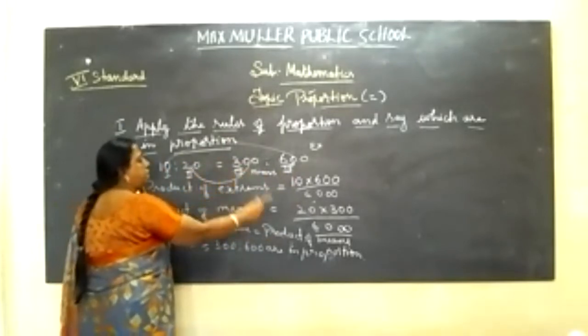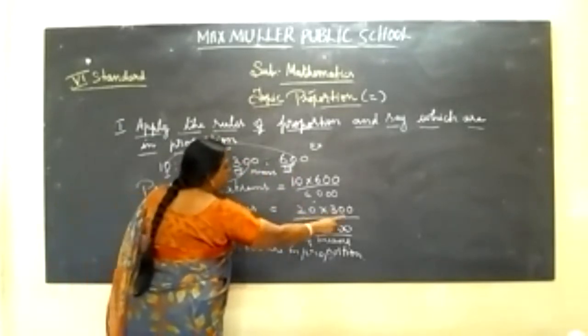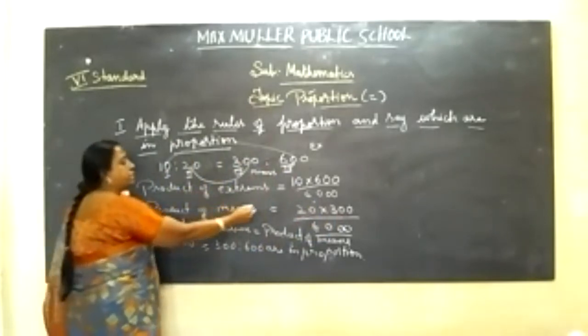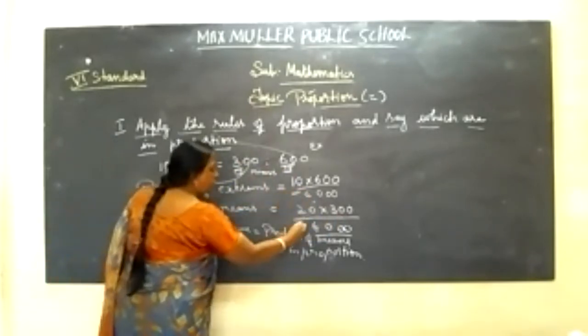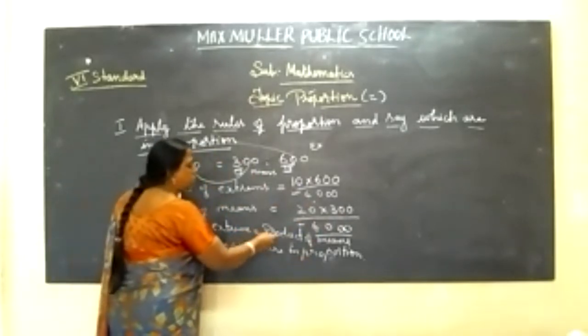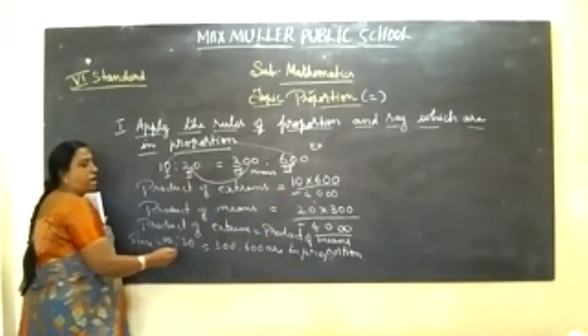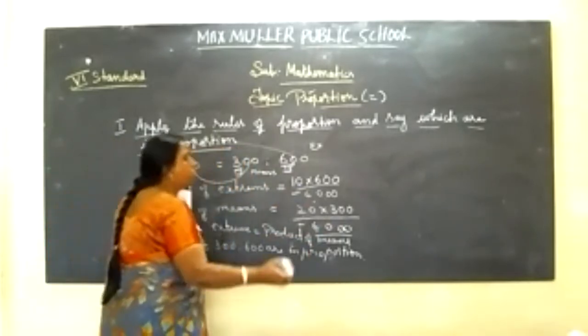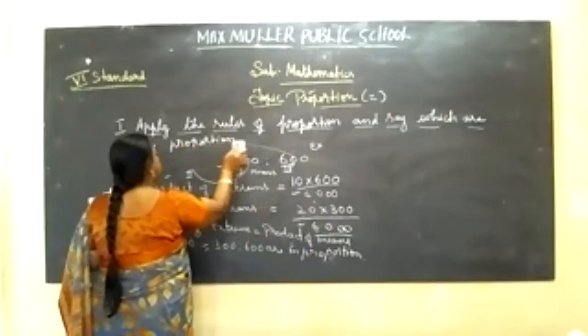Second and third terms, 20 into 300, that is means. So here product of extremes is 6,000. Product of means is also 6,000. So the product of extremes is equal to the product of means. Since they are in proportion. Clear now how to find? I'll solve a few more sums, then you can understand clearly.